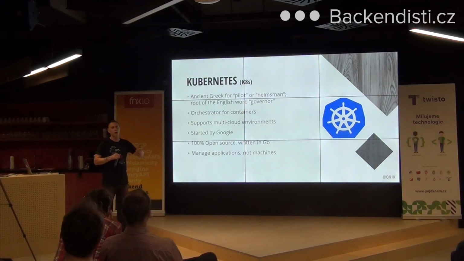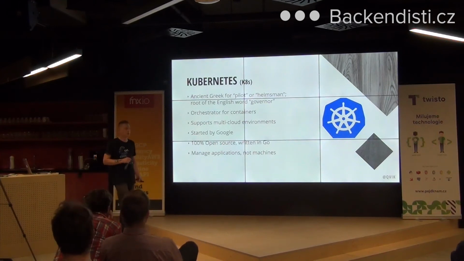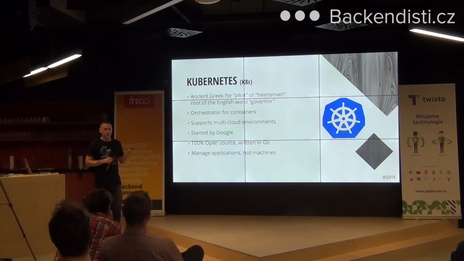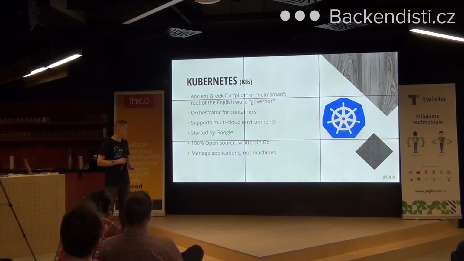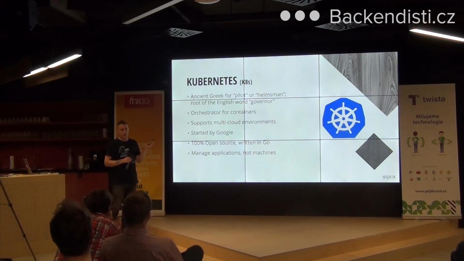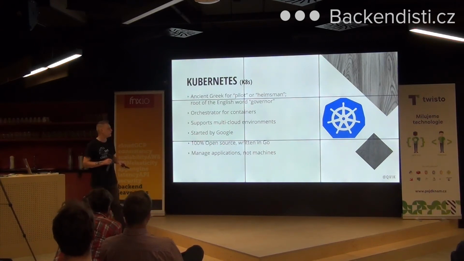Then you can just keep deploying your app and it'll go to some of these hosted services. So it's getting better and better all the time. It's written in Go, and the main idea is to manage applications, not machines. So take away the infrastructure idea.